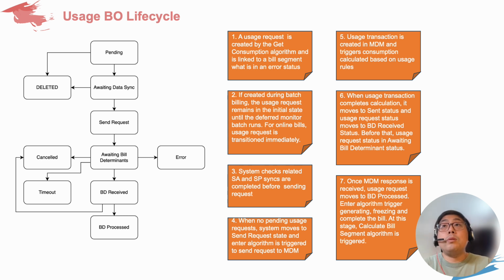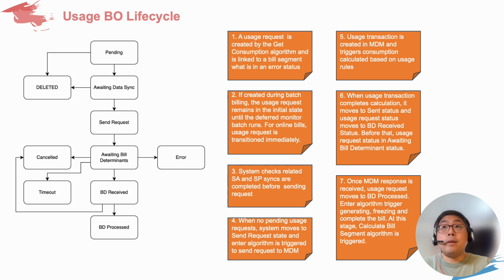Number 6, when the usage transaction completes calculation, it moves to sent status, and the usage request status moves to the bill determinant received status. Okay, before that, the usage request is in the waiting bill determinant status.